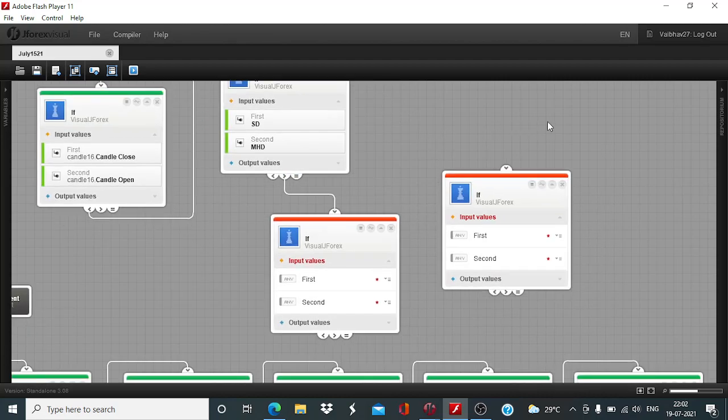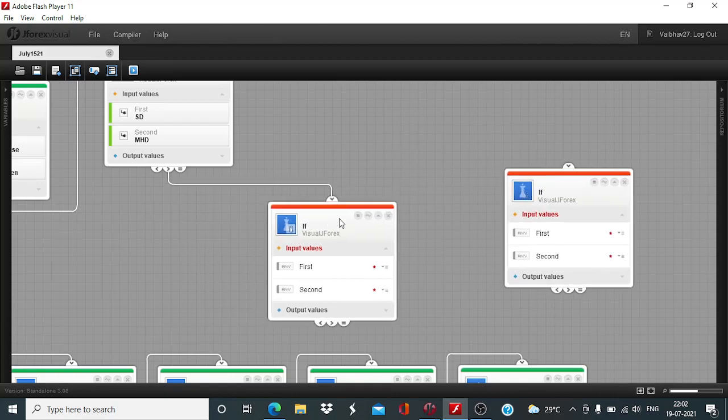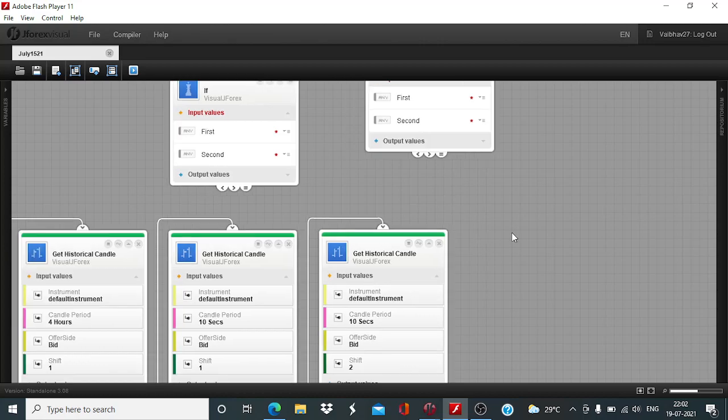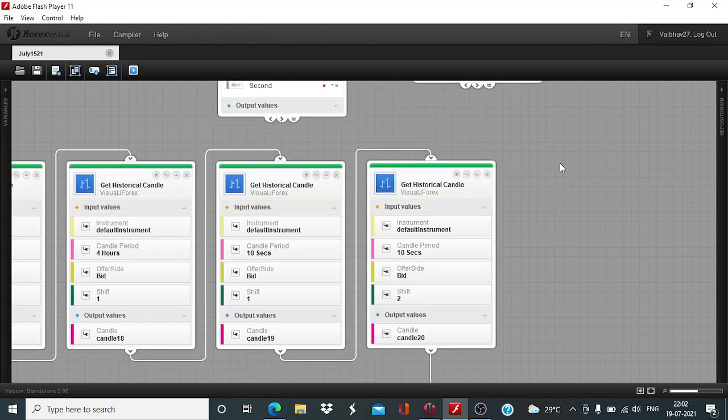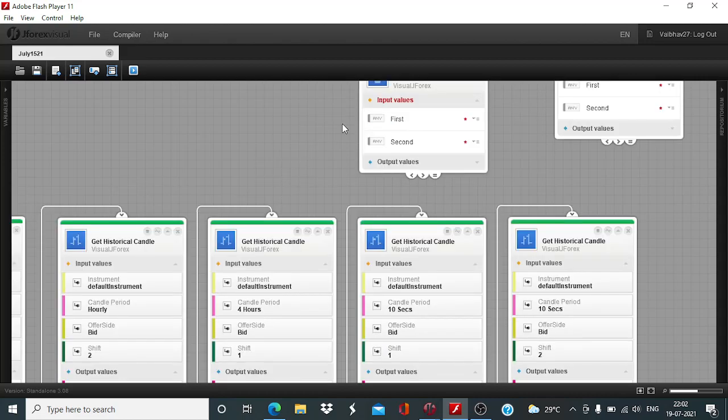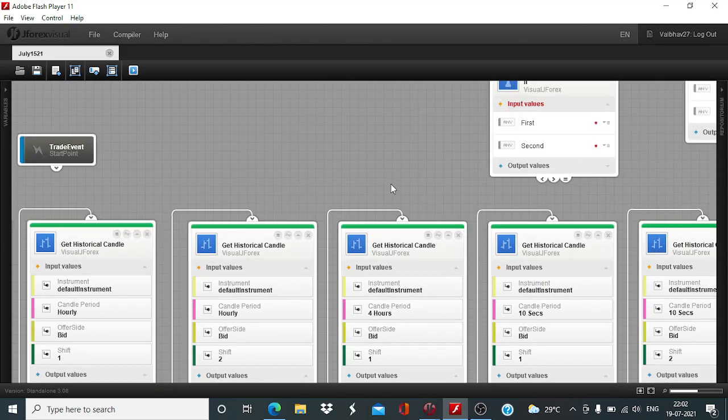And once these conditions are satisfied, we can start looking for the execution point, which is going to be last hour's candle closing value. Whenever price starts to drop below that, we will be placing a pending open order, limit order. So we have to compare the candle 19 and candle 20's closing values with candle 16 candle close.